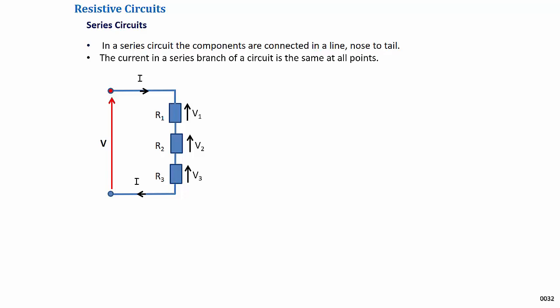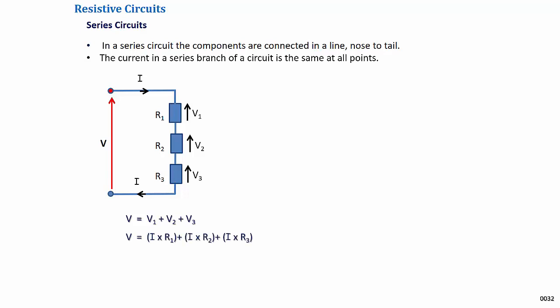By Ohm's law, that current flow will give rise to a potential difference across each resistor, V1, V2, and V3. By inspection, the terminal voltage V must equal the sum of V1, V2, and V3.